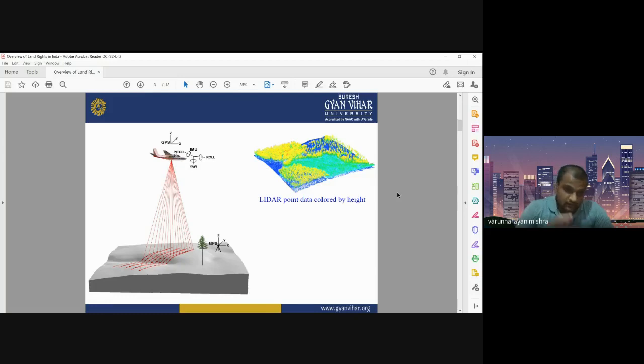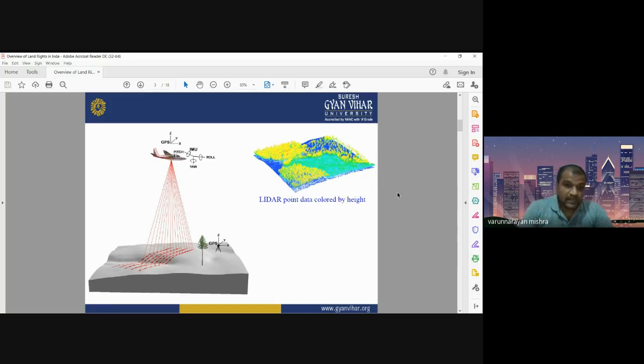When the aircraft moves, there may be three kinds of movements: roll, yaw, and pitch. Roll, yaw, and pitch are the basic types of errors that may arise when the flight moves in space, or during the acquisition of the images. To correct these errors of yaw, roll, and pitch, we need to have the inertial measurement unit.